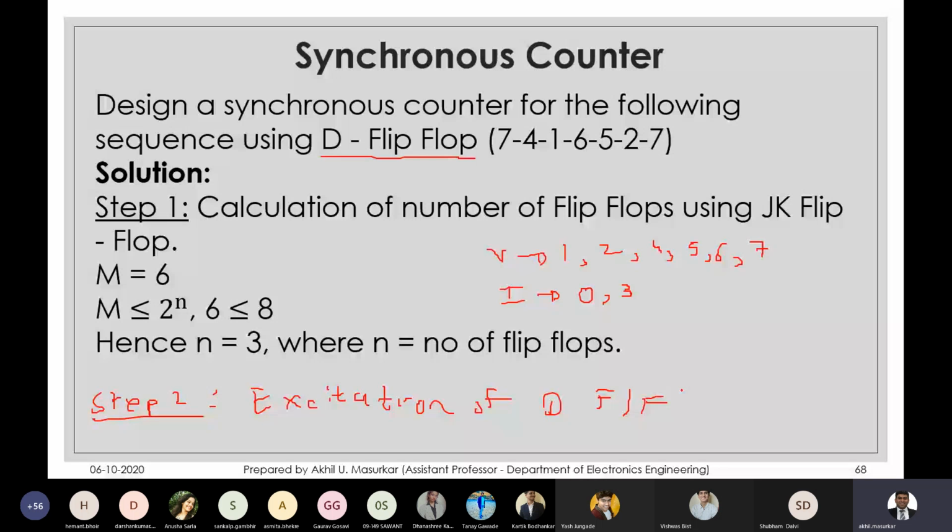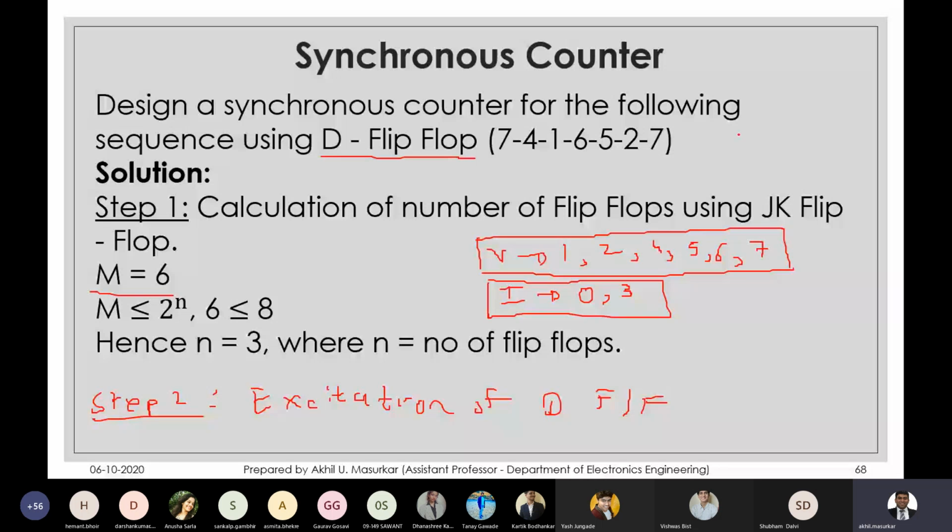Because my valid states are 6 in number. Though they are not in order, there are 6 valid states. 0 and 3 are not there, so the total number of valid states is 6 and the total number of invalid states is 2. So now I want to count in this sequence 7, 4, 1, 6, 5, 2, 7.